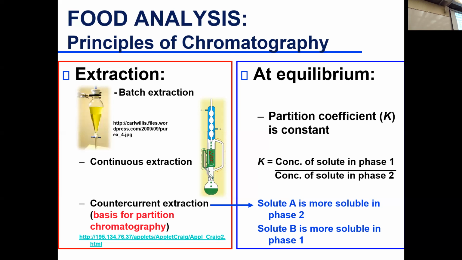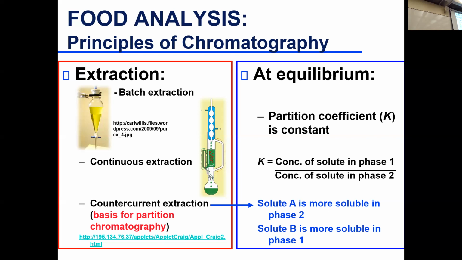So at equilibrium, there is a specific amount of solute in phase one and a specific amount in phase two. If I have solute A more soluble in phase two and solute B more soluble in phase one, they are going to separate. If they have similar partition coefficients, you cannot separate them. They have to be different in some way so that we can separate them.